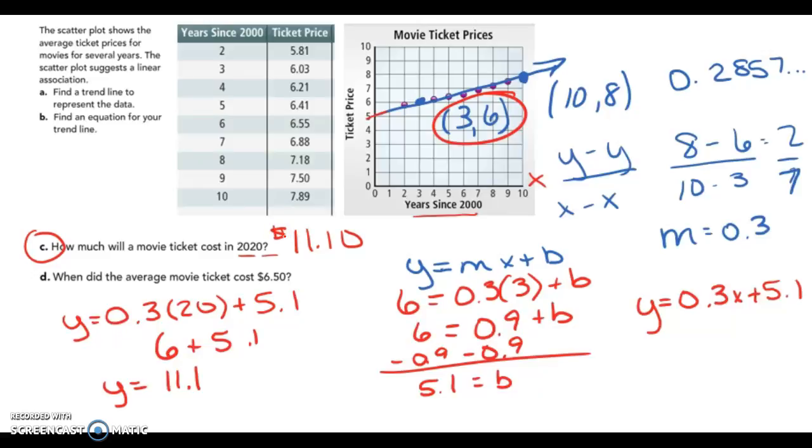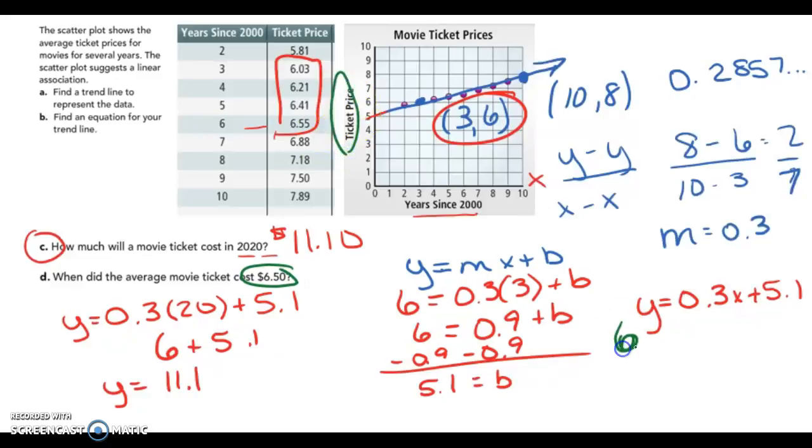Then it says, when did the average ticket cost $6.50? Well, when we're looking up here, we can tell when that is going to be. So the ticket price was about that, about 6 years after 2000. But in order to make sure we have it exactly right, we're going to go ahead and plug it in. So we're going to plug it into this equation, and we know that the y is what we're looking for because that is the ticket price.